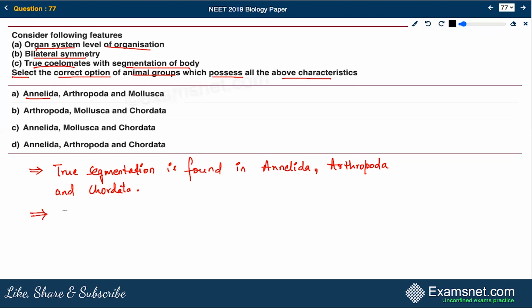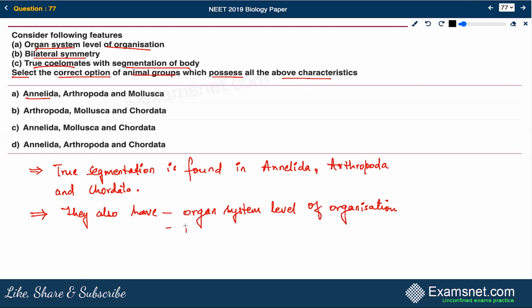So you can say that they also have organ system level of organization, then bilateral symmetry.